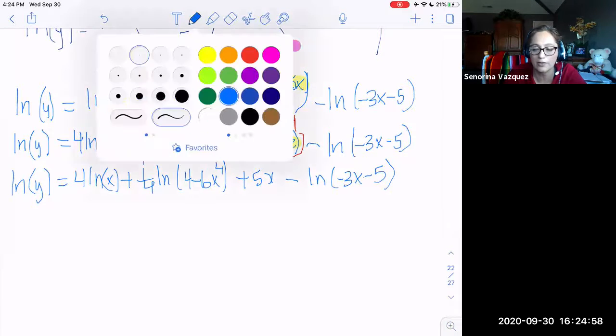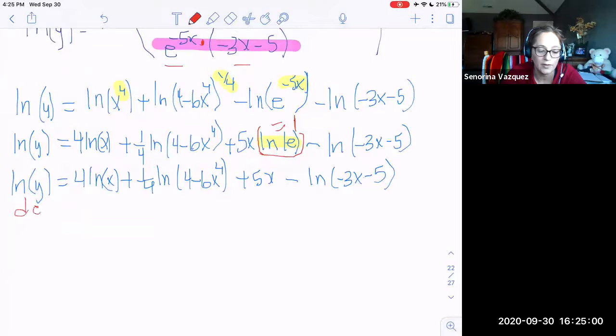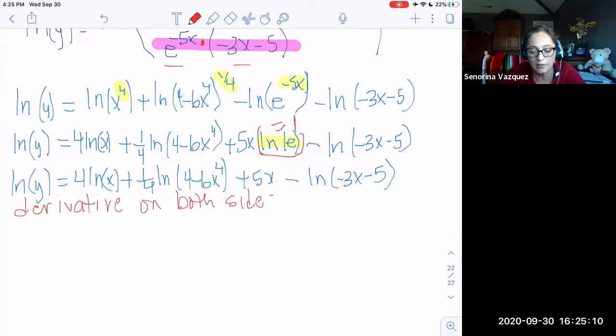So let me change colors now since I'm taking the derivative. Derivative on both sides. And the derivative rule says 1 over the stuff inside times the derivative of that stuff inside.